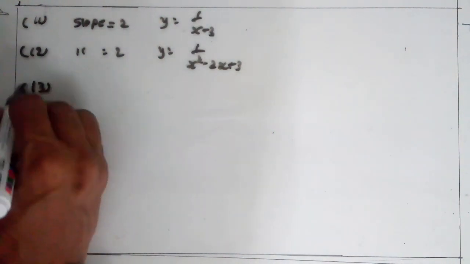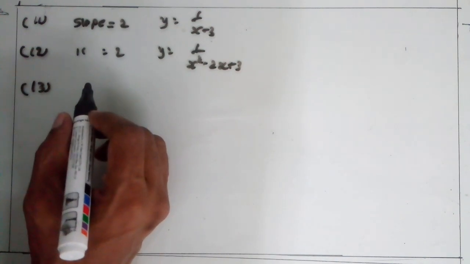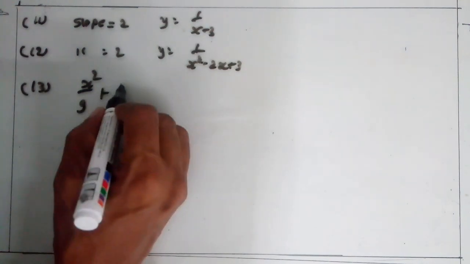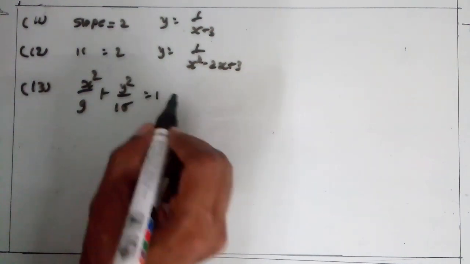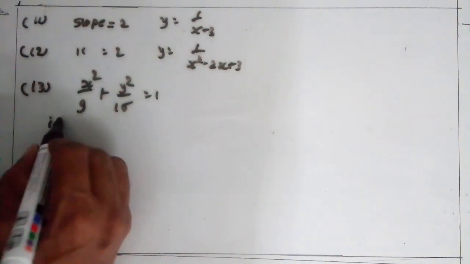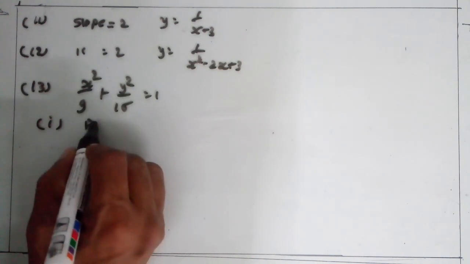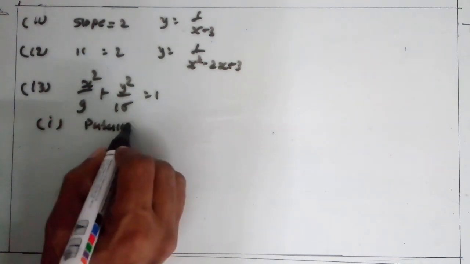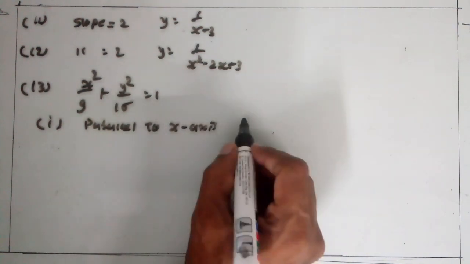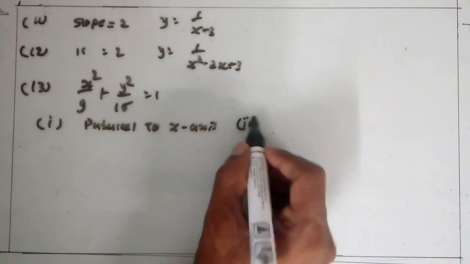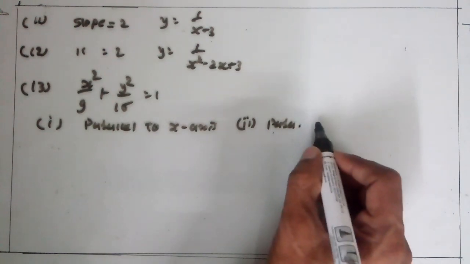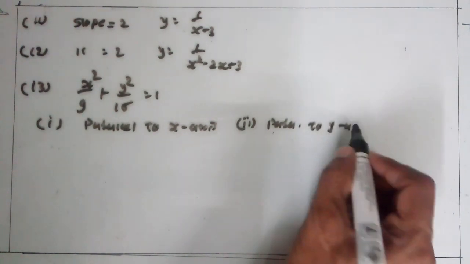Now question number 13, find the points on the curve x square upon 9 plus y square upon 16 is equal to 1, at which the tangents are number 1, parallel to x axis, number 2, parallel to y axis.